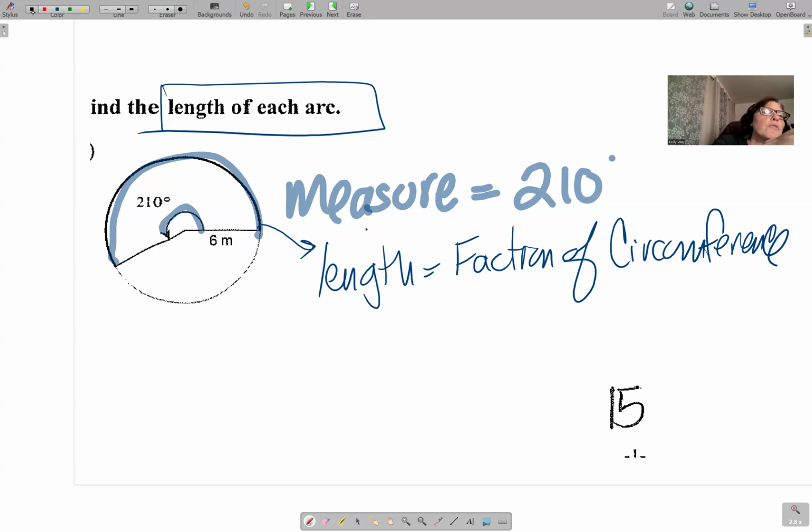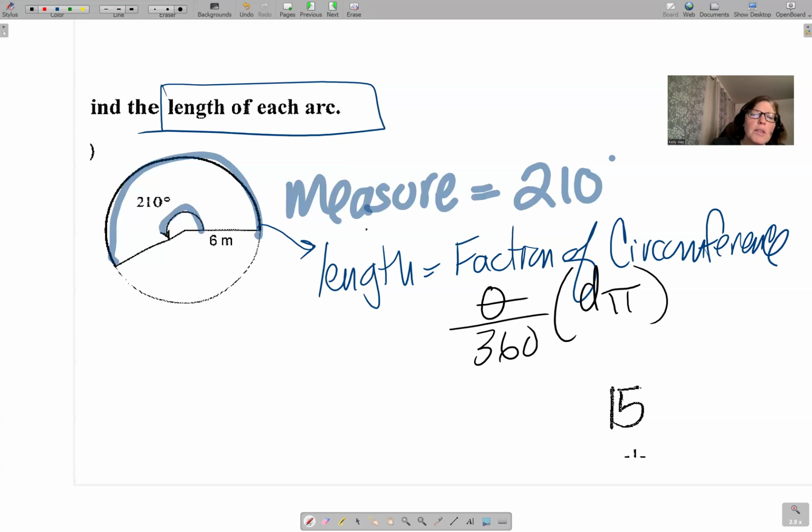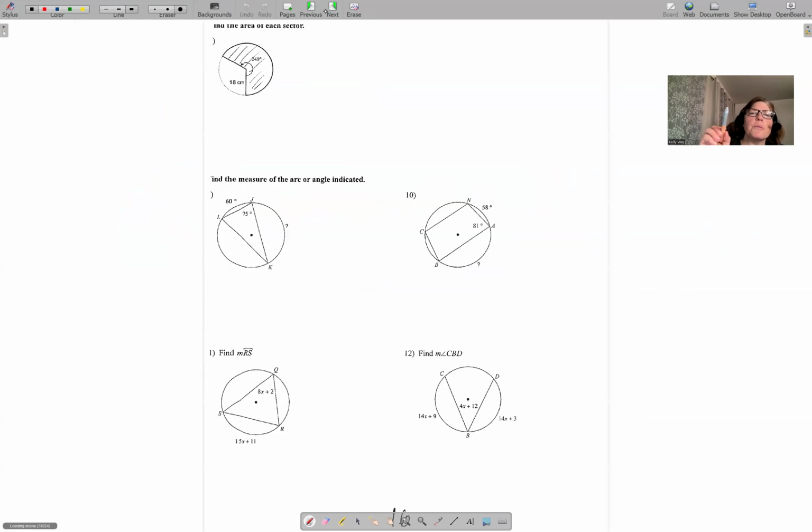How do you find that fraction? It's theta over 360 times circumference, d pi. That is arc length, a fraction of circumference. When you go to solve that diameter, pi is in the top, and then you reduce.